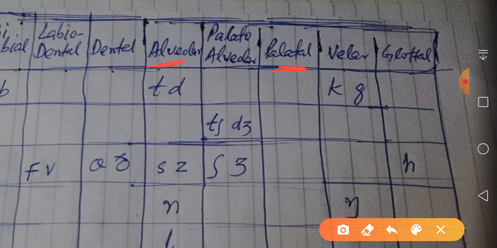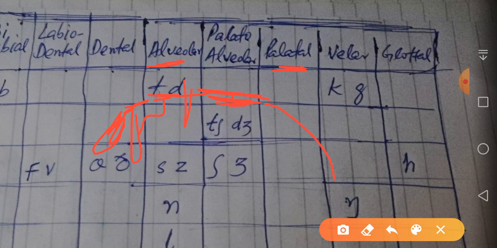Let me draw it like this. If this is the teeth, this is the alveolar ridge, and then here is the roof or hard palate, and this is the soft palate. This is our lip. Then we have teeth here, and then there is a ridge.